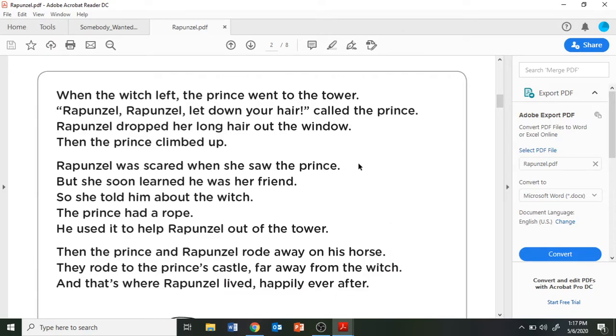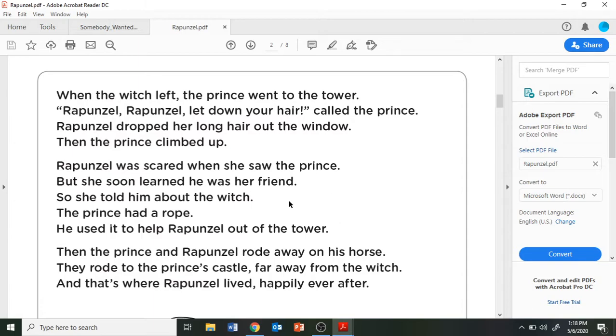When the witch left, the prince went to the tower. Rapunzel, Rapunzel, let down your hair, called the prince. Rapunzel dropped her long hair out the window. Then the prince climbed up. Rapunzel was scared when she saw the prince, but she soon learned he was her friend.